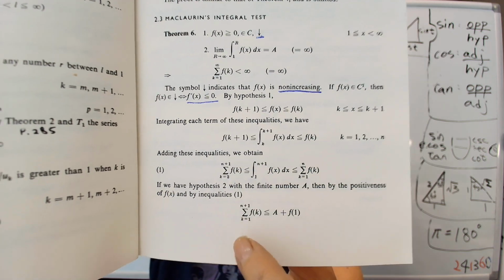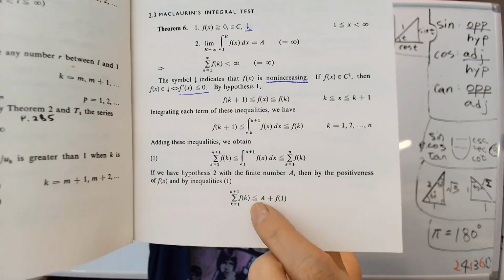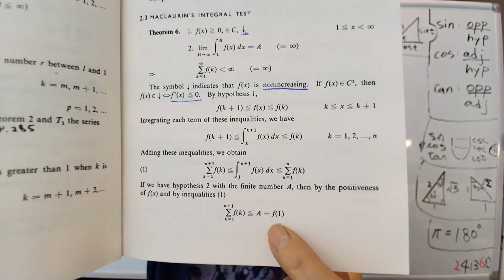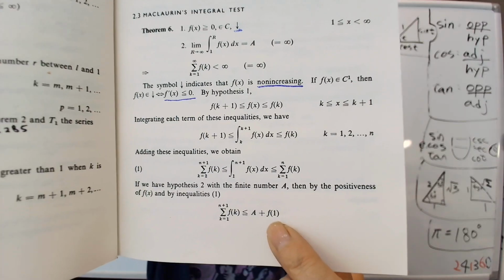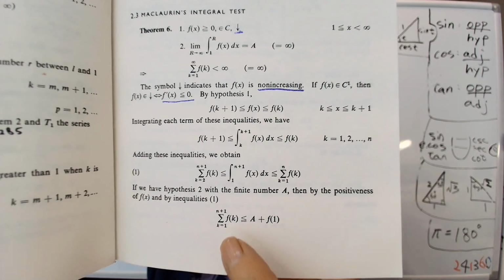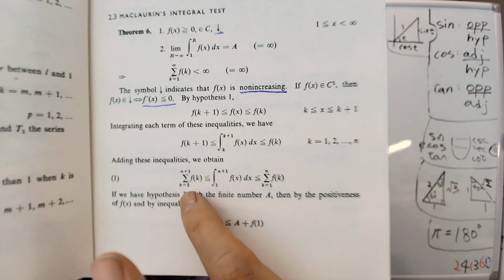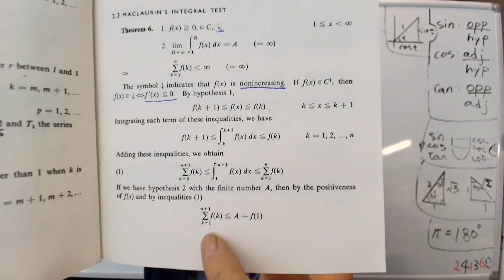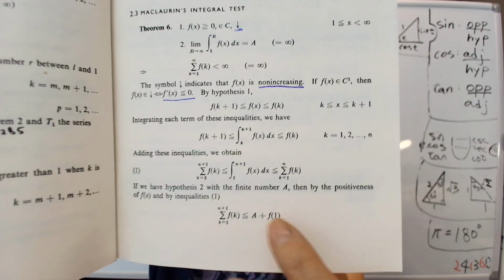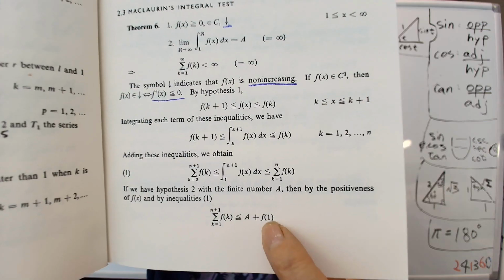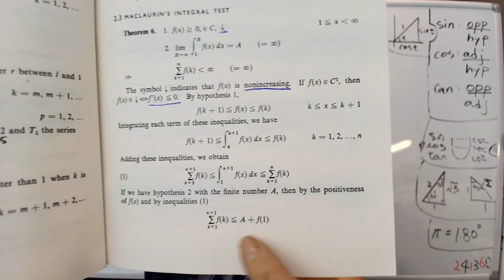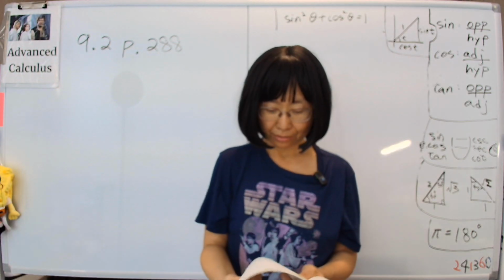This thing is less than or equal to a plus f of 1. That's because here we're starting to count at k equal to 2. If we're going to start counting at k equal to 1, we need to add f of 1 on the other side to be fair. So we got to this point. So next.